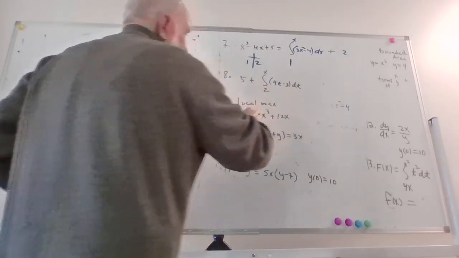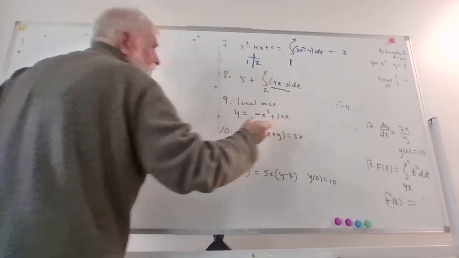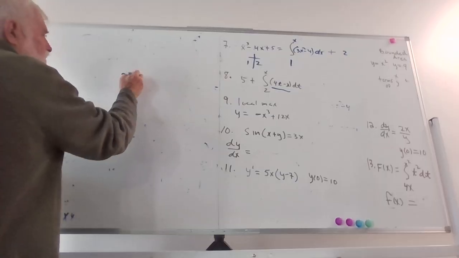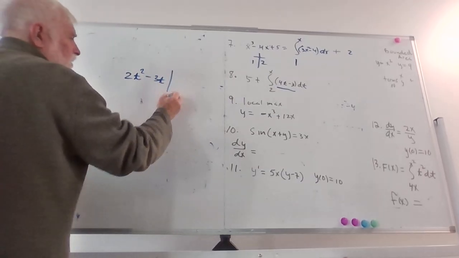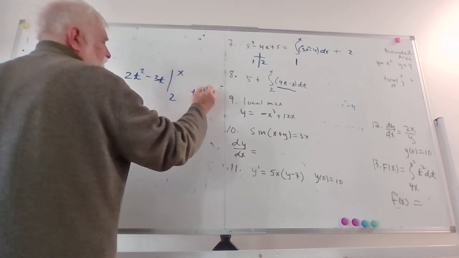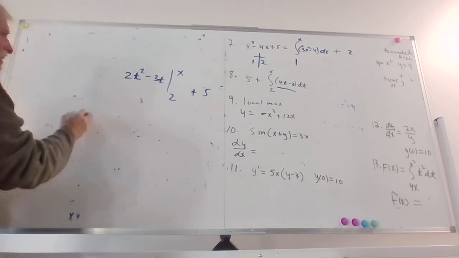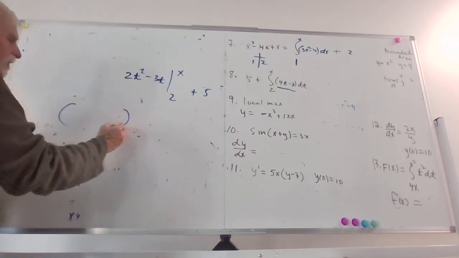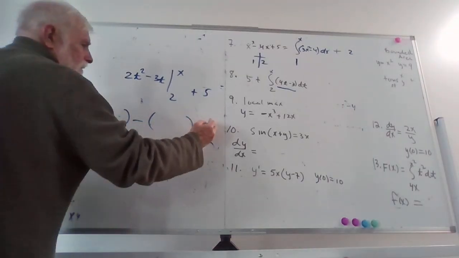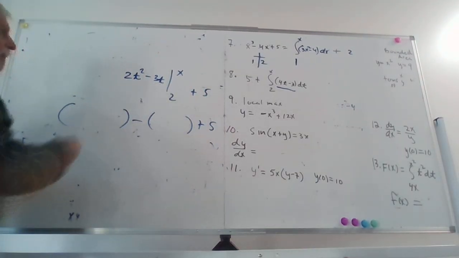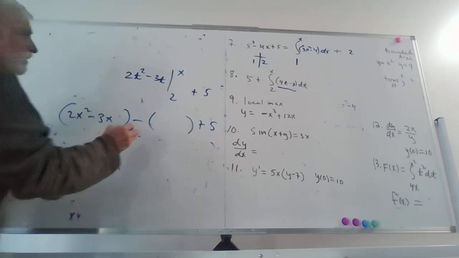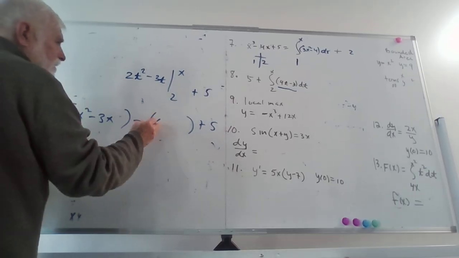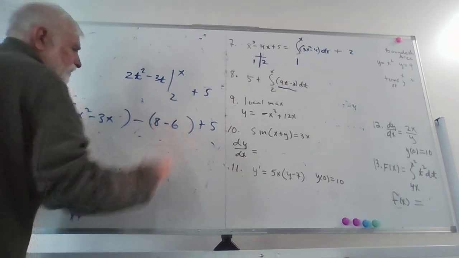Let's do this one out. So let's integrate 4t minus 3, which becomes 2t squared minus 3t. Let's go from 2 to x, and then let's add 5. So that looks like it's going to be, I'm going to do it this way, and then you can clean it up later. So this is 2x squared minus 3x, and this is 8 minus 6.